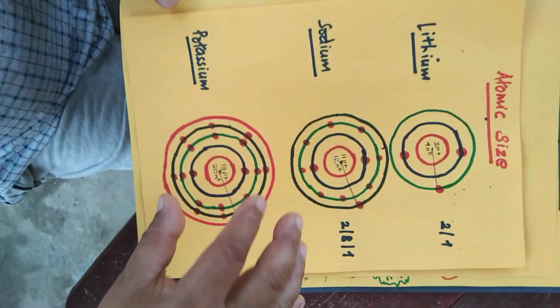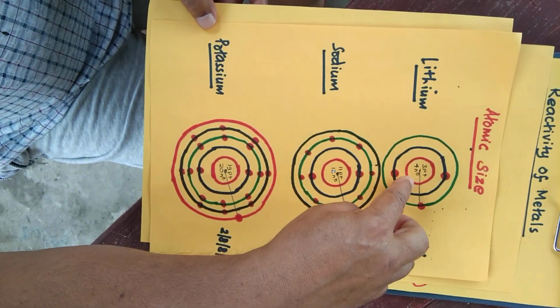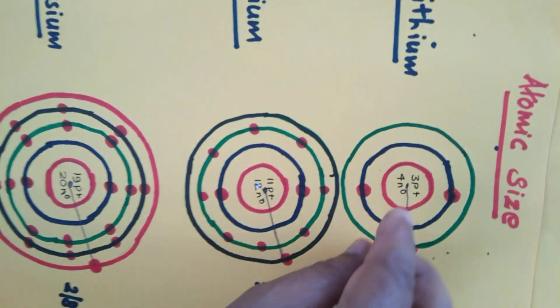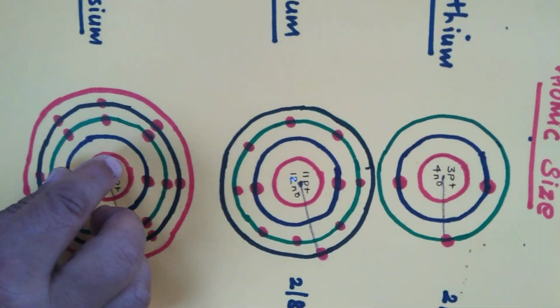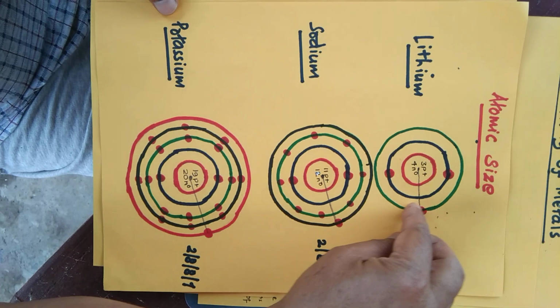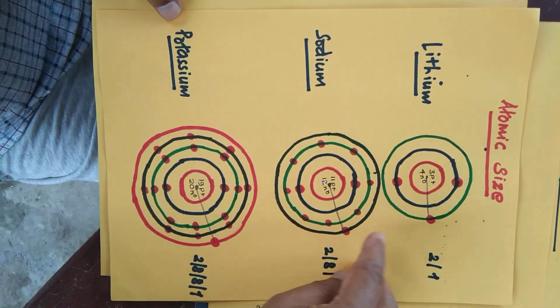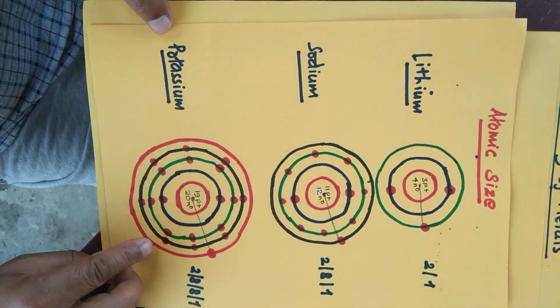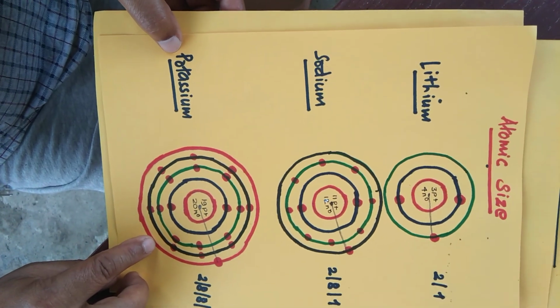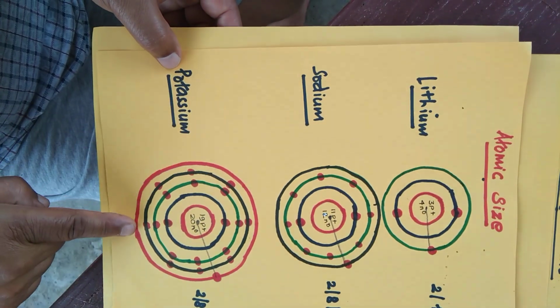I took the measurement somehow equal for the respective shells. The nucleus of all these atoms is equal. The first shell of all these atoms is equal. The second shell of all these atoms is equal. There is one more shell in sodium than in lithium, and there are 2 more shells in potassium than in lithium, but 1 more than in sodium.